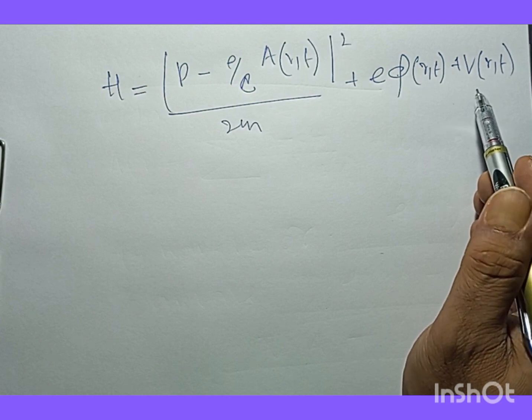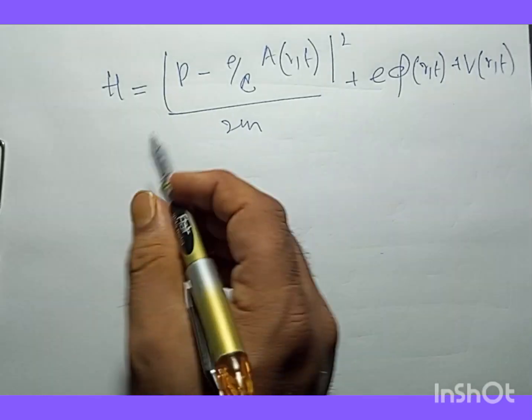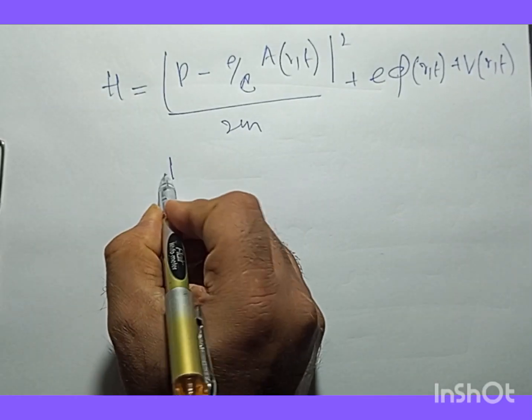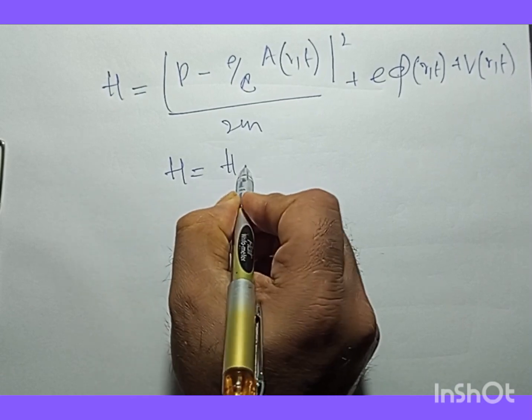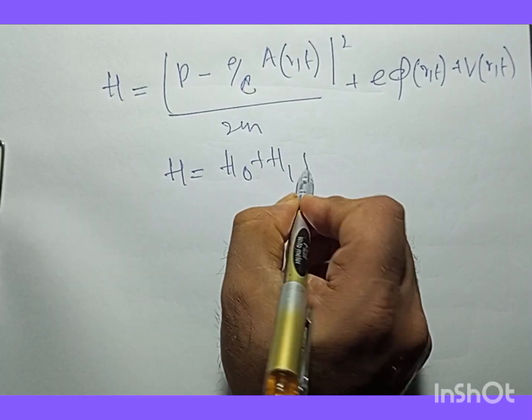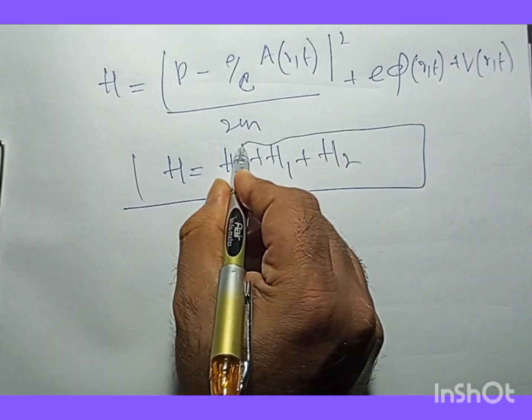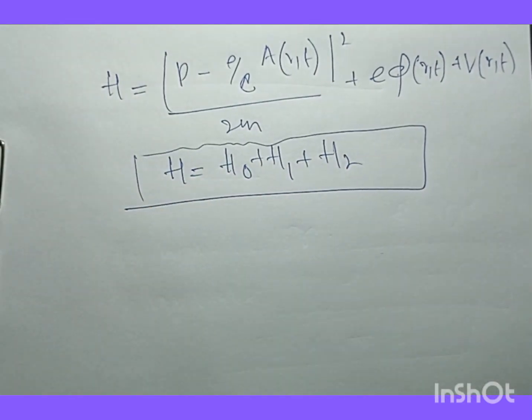We can write down this equation in a very convenient way, and break it down into H0, H1, and H2. We have already discussed this kind of interaction when we talked about absorption, emission, and spontaneous emission of radiation in terms of a single electron atom.